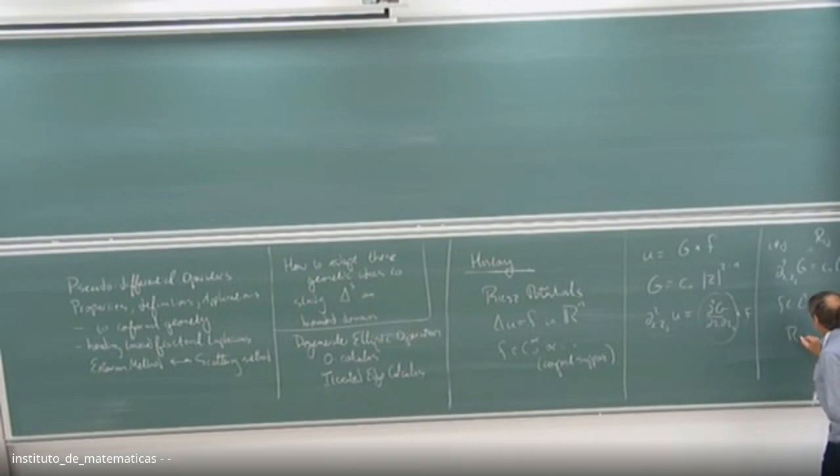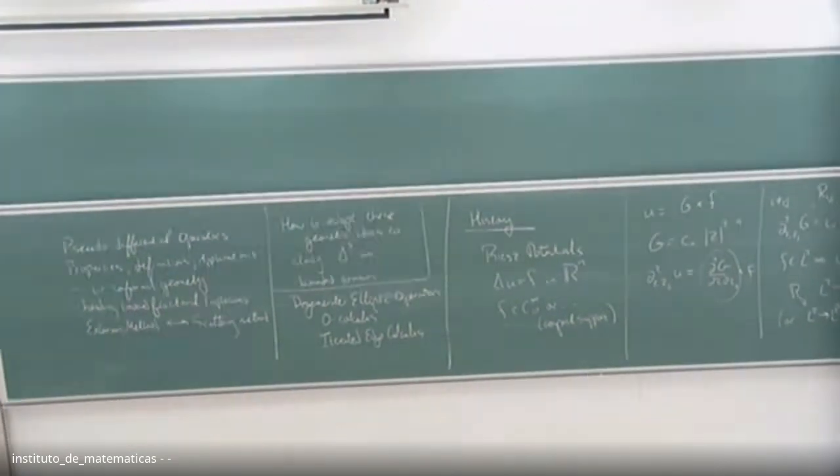You want to show that R_ij is bounded from L2 to L2, or L^p to L^p, or C^{0,alpha} to C^{0,alpha}, etc. So it comes down to showing a certain boundedness property of this integral operator. It's a convolution operator, which is very simple.